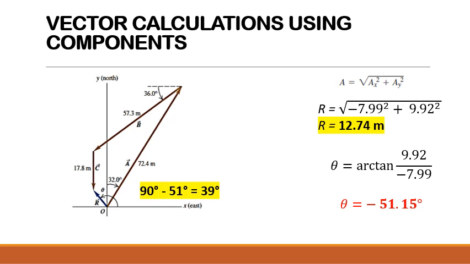But if you want to measure from the positive x-axis rather, so 39 plus 90 is equivalent to 129 degrees. Therefore, the answer could be 12.74 meters, 39 degrees west of north, or 12.74 meters, 129 degrees north of east. So that will be the answer.